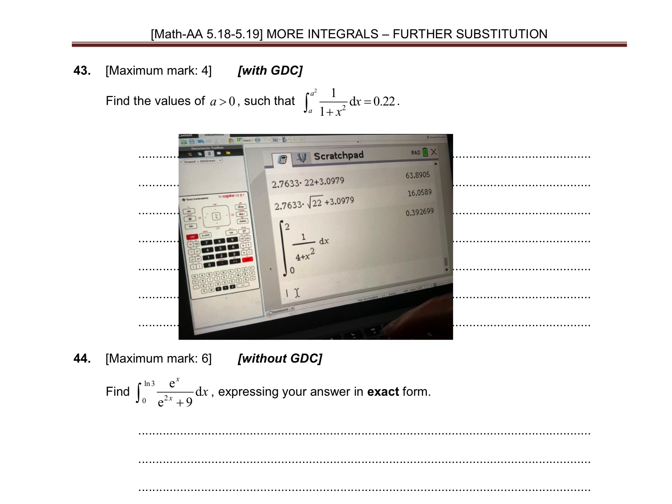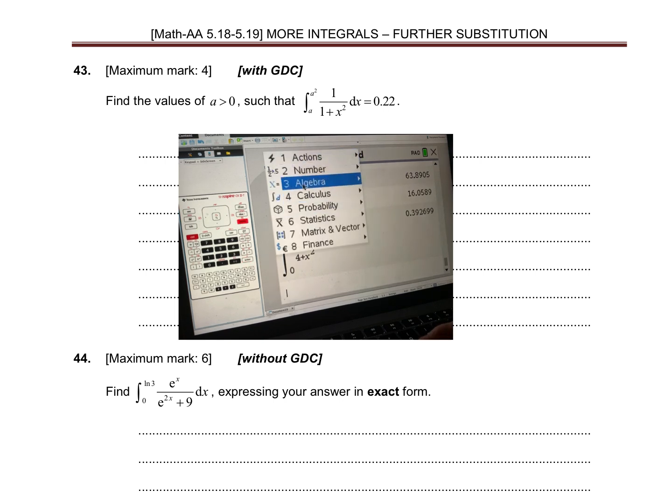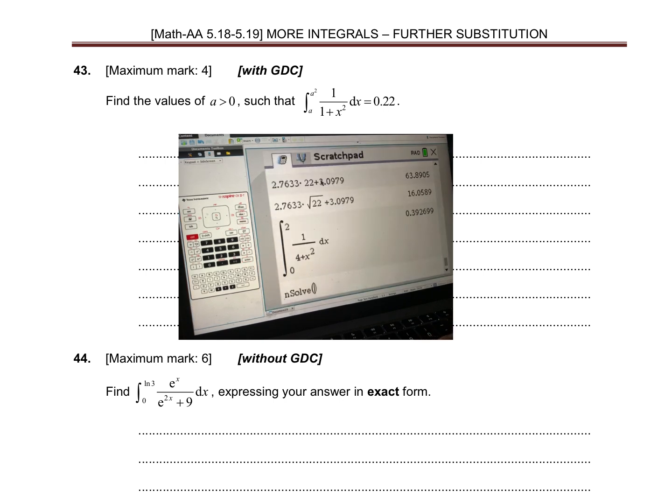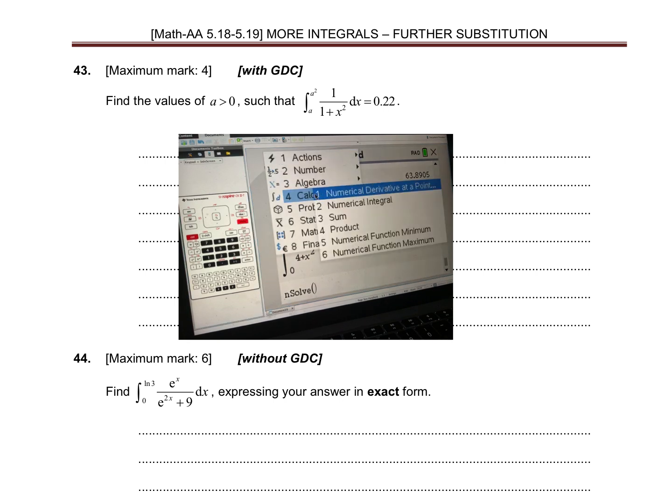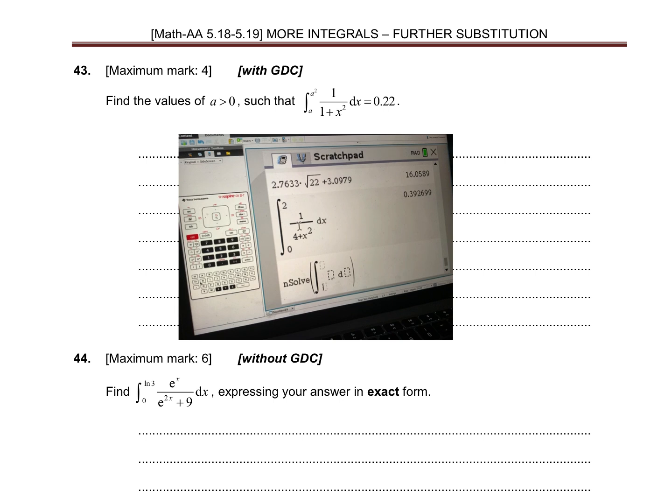So like this one, we can do and solve. So menu 3, 1, and we want a numerical integral. I need to clear my calculator.